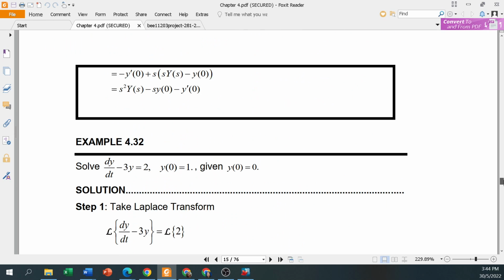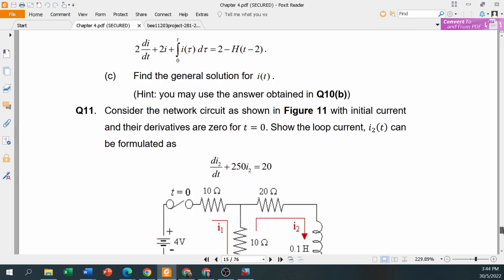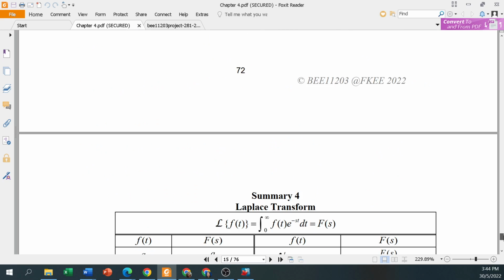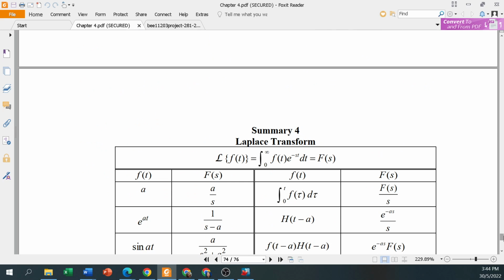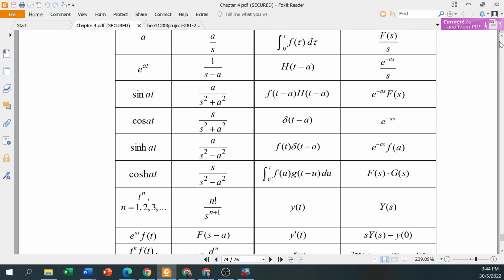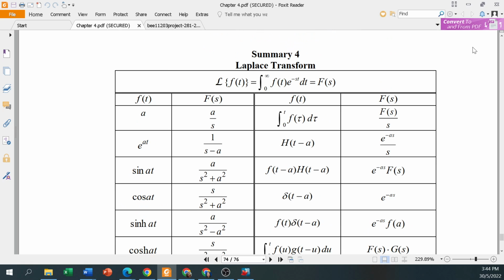If we add it to the module or later on, then we can extract it out. In the final online, we won't give you the formula, so you can print out the formula by yourself. This is the so-called table of Laplace transform. We have shown Laplace transform for a is a over s, exponent at is 1 over s minus a. Sin at is a over s squared plus a squared.